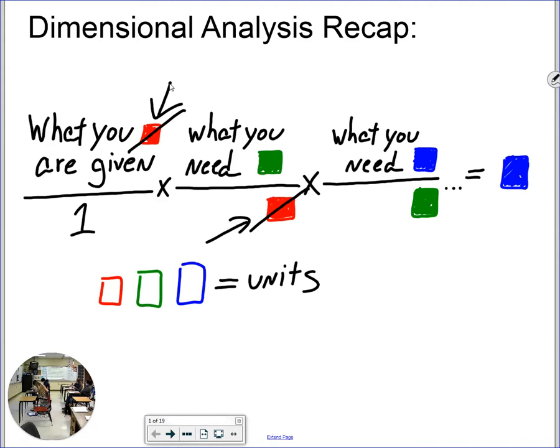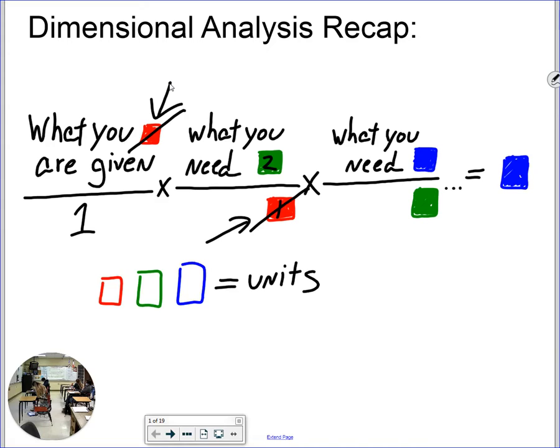So if I've got whatever my red unit is, and I know how to turn reds into greens, I need to get to blues, but I don't know how to turn reds into blues. But I can turn reds into greens by setting it up like this. And I know that maybe for every 1 red, there's 2 greens or something.